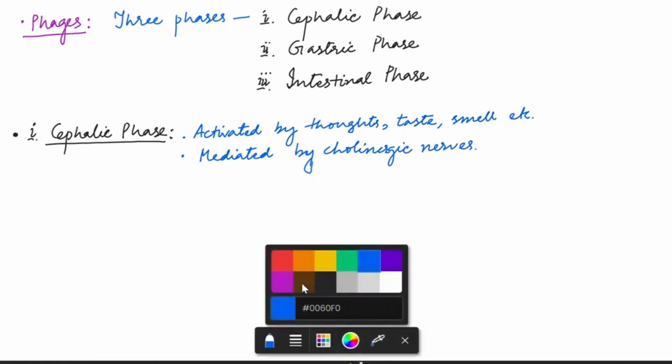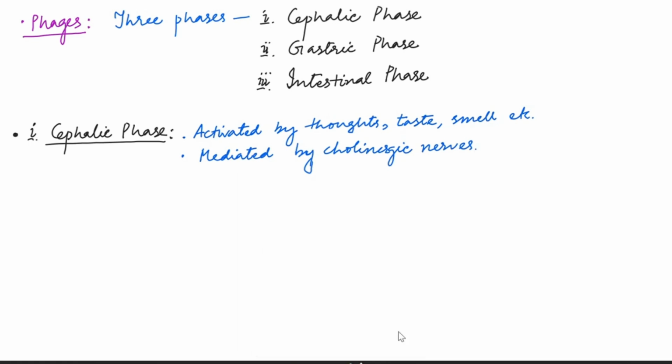Now we will see how this stimulation process occurs. First, when the stimulus is produced by thoughts, taste or smell, it is processed by the brain.